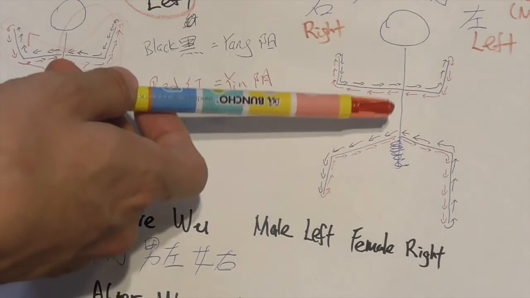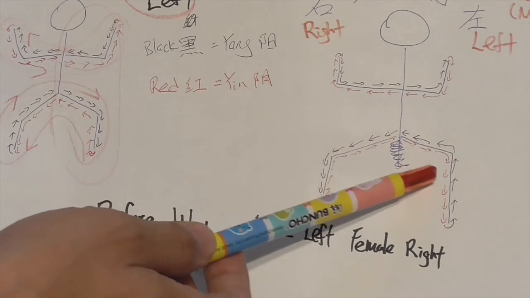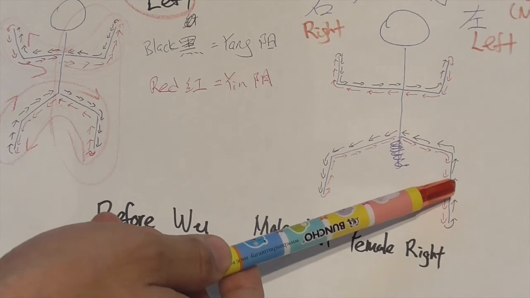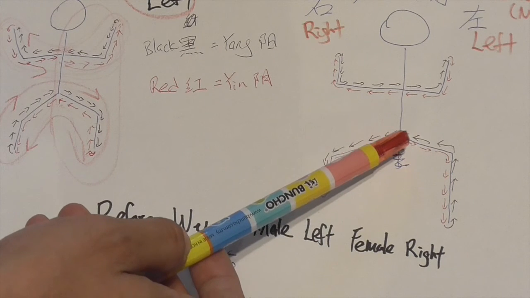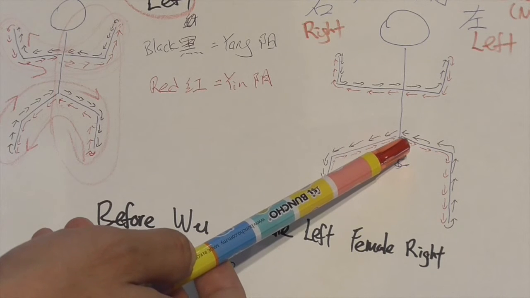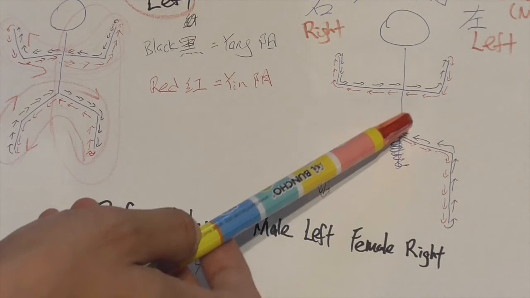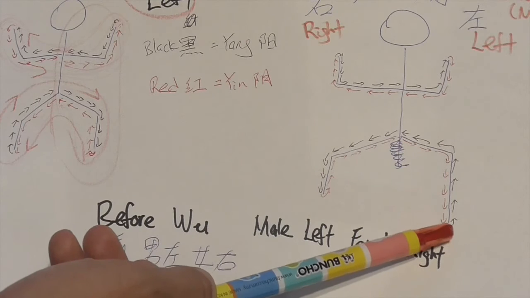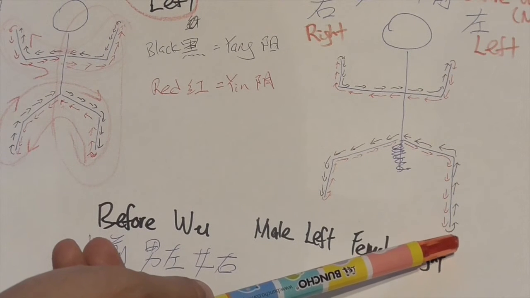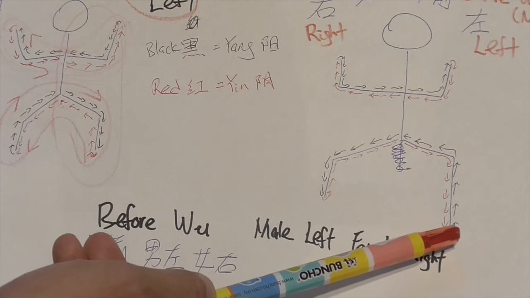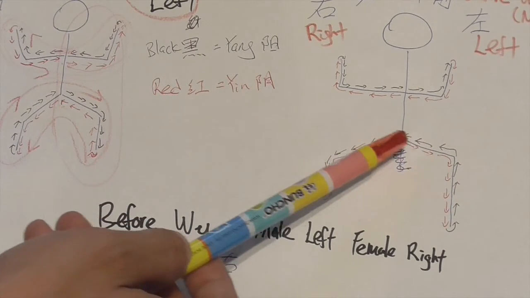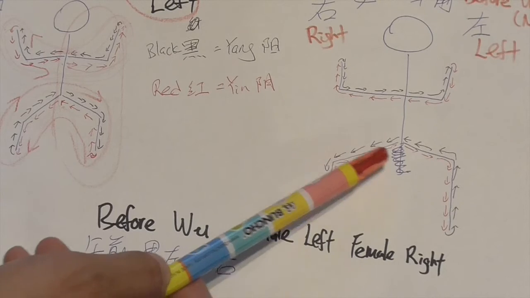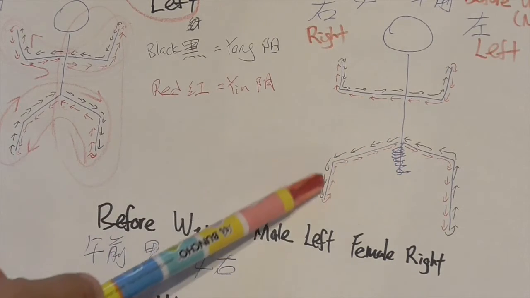And on the opposite side, the left side, before 11 o'clock, the yin meridian, foot yin from the top down to the foot, and foot yang meridian from the foot up to the top. So it's the opposite of the left and right side. Now you can see it as a circle.